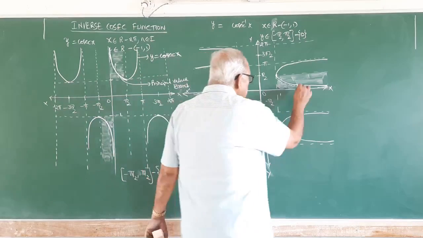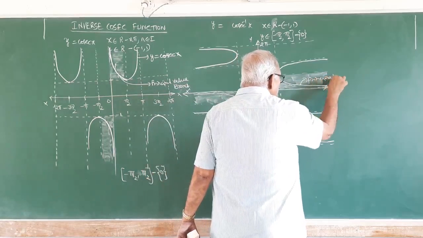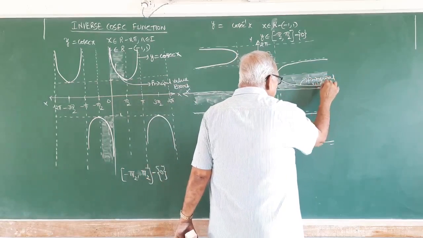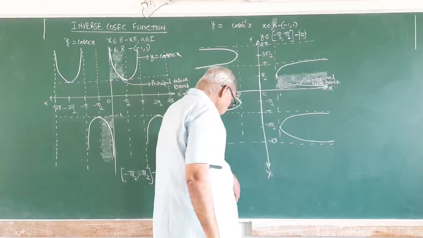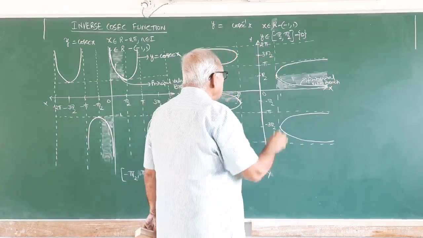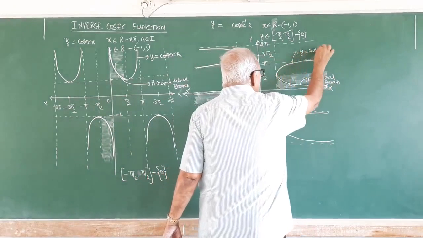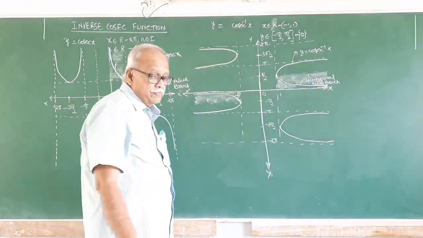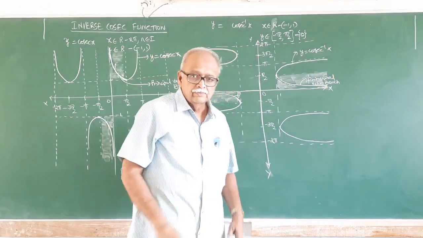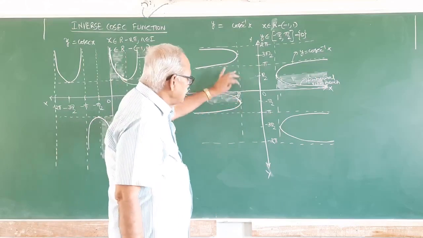So this branch is called the principal value branch, and this is called the y is equal to cosecant inverse of x graph. Again, you can see this.